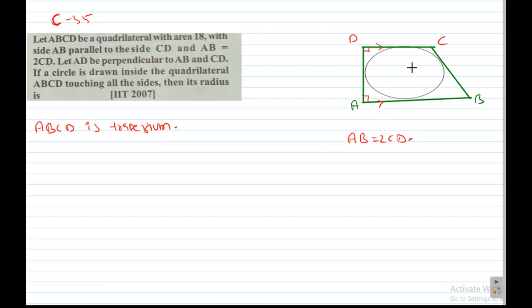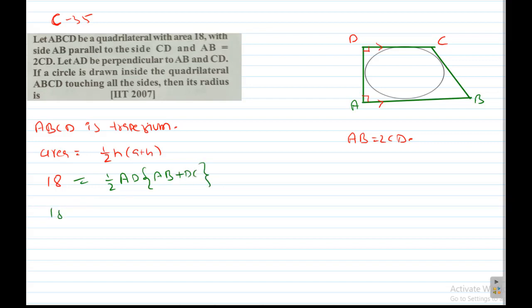Its area is given as 18 square units. You know how to find the area of a trapezium: area equals half into h into (a + b). So 18 equals half into h, meaning AD, into (a + b), meaning AB plus DC.